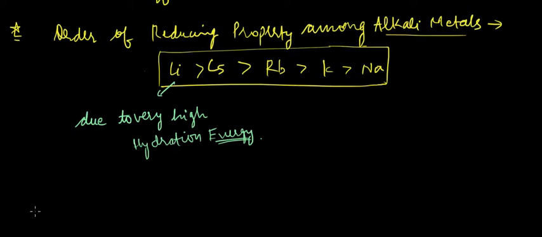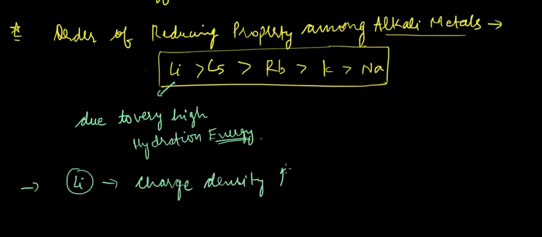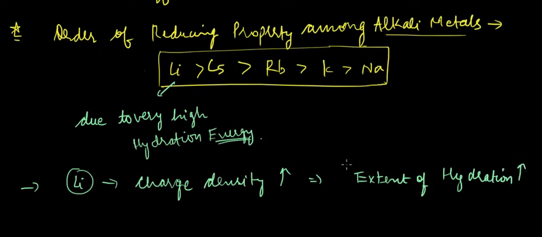And why is this the case? Because the charge density on Li plus is very high, this implies the extent of hydration would be high. Charge density is nothing but the charge of the cation divided by the size of the cation.